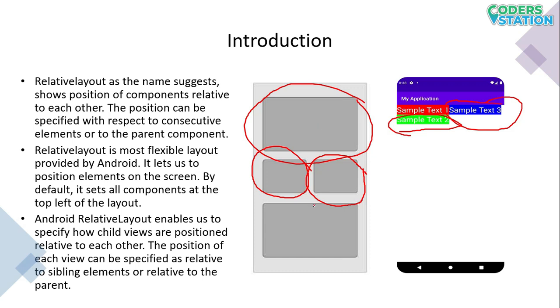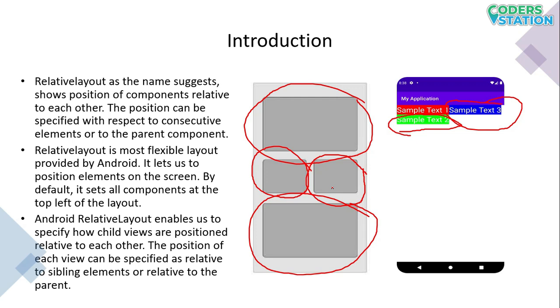When we place the third element on the screen, we will say that it has to be below element 2 and element 3. In this way we can relate each view with another view or a parent view, and we can design an application.